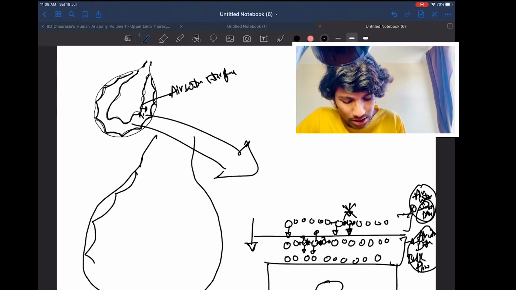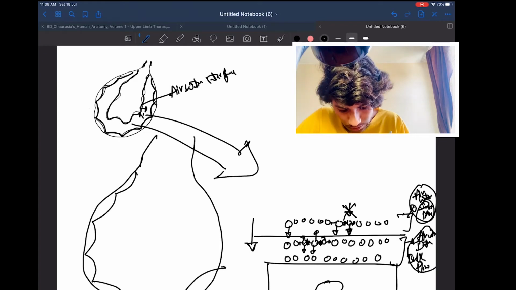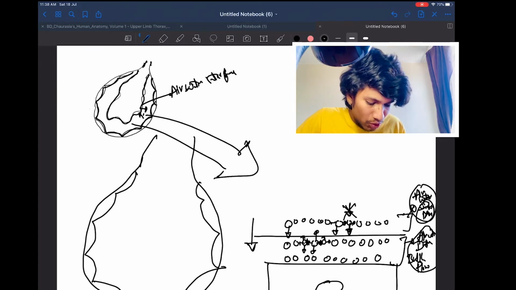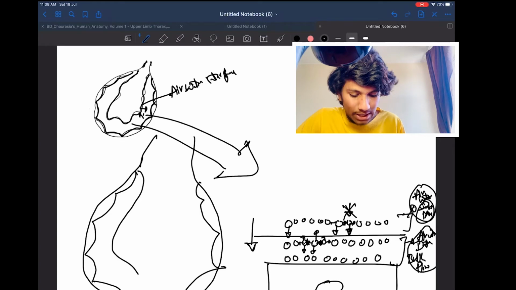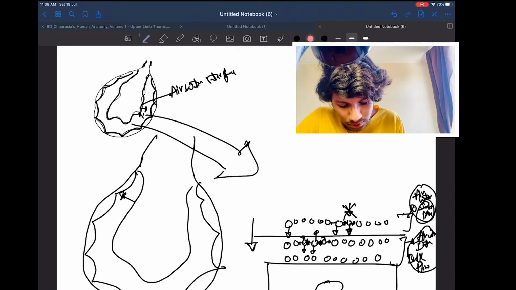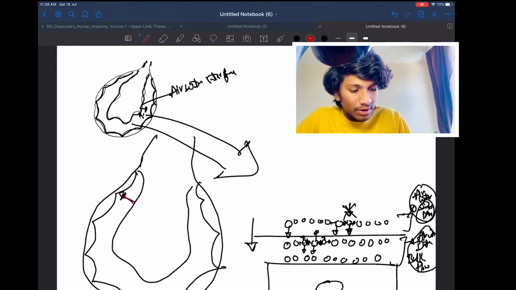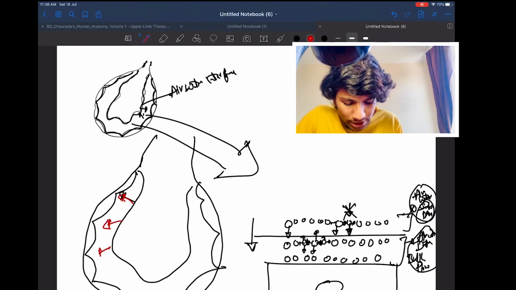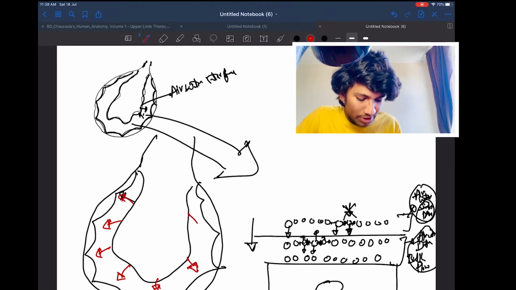So this makes the water go deep into the deeper layers, and this gives the particular nature of the surface molecules.